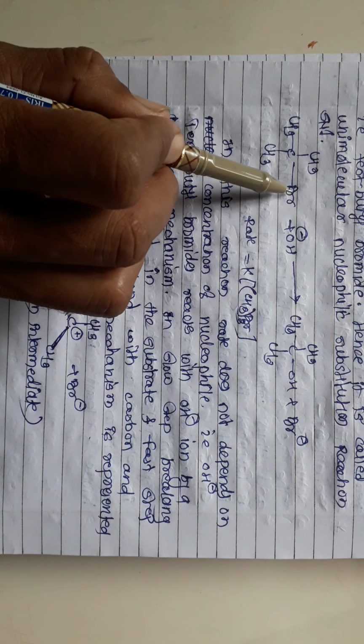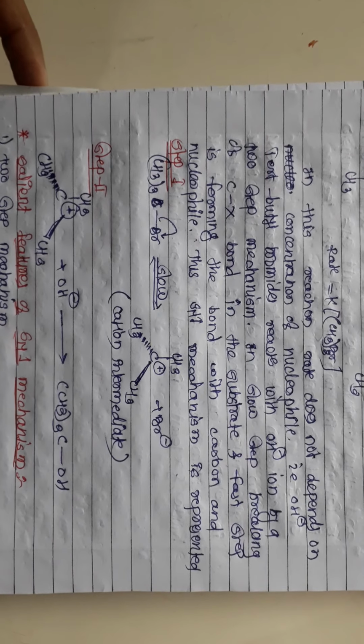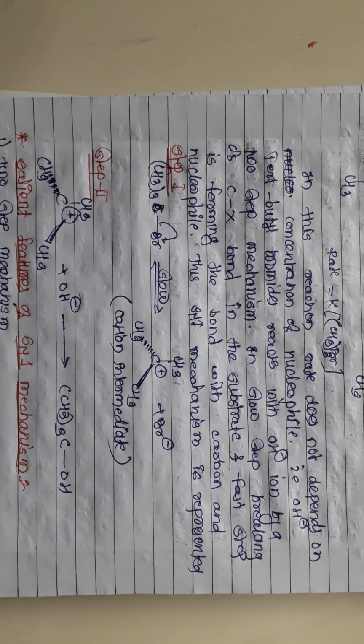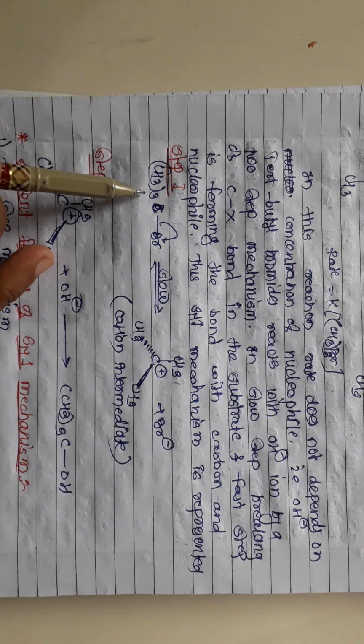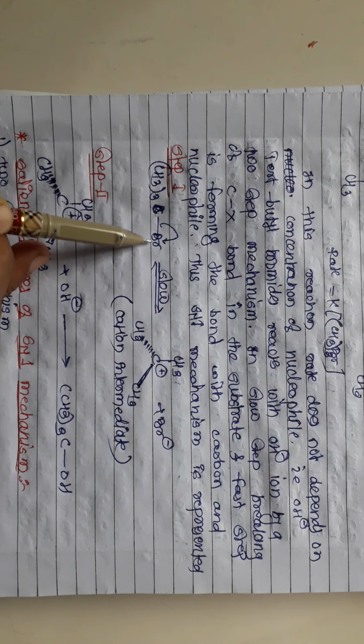This is a two-step reaction. The first step is the breaking of the C-X bond. It is the slow step. See, in tertiary butyl bromide, the first step is the breaking of the bond between carbon and bromide.